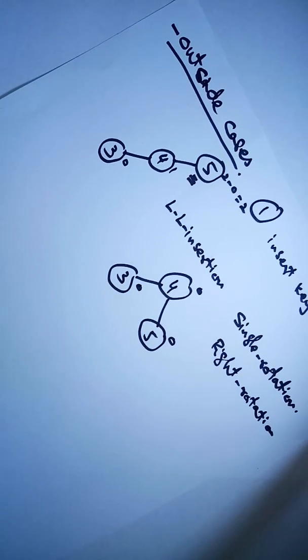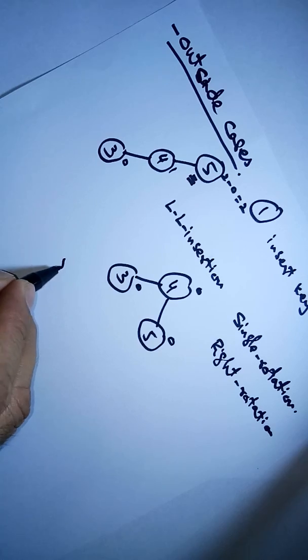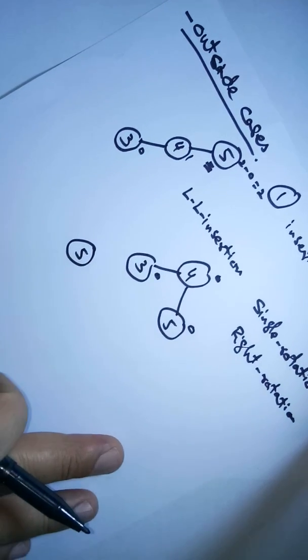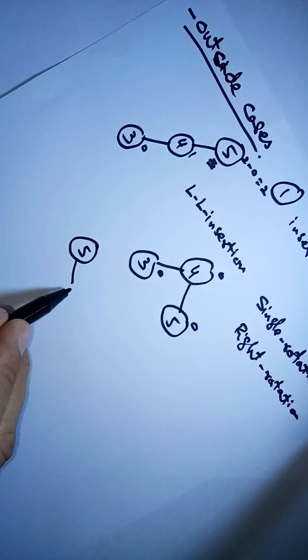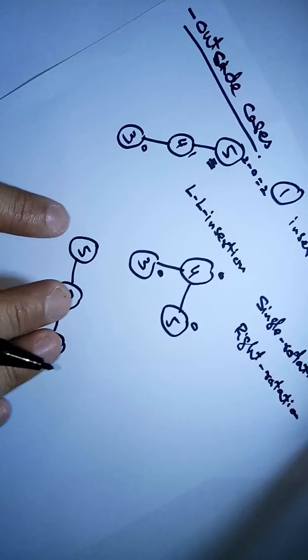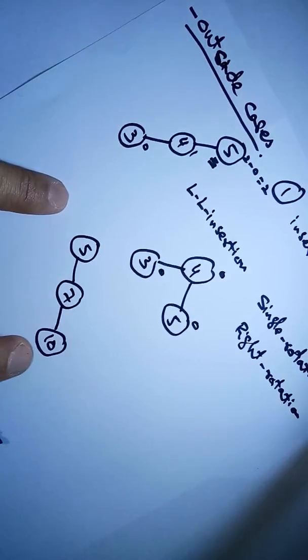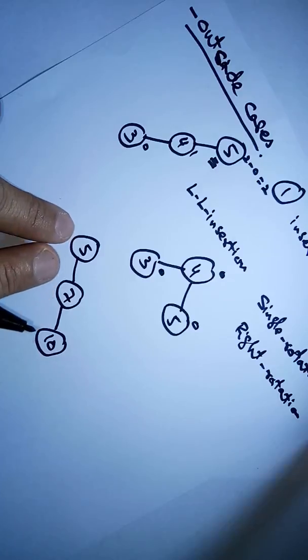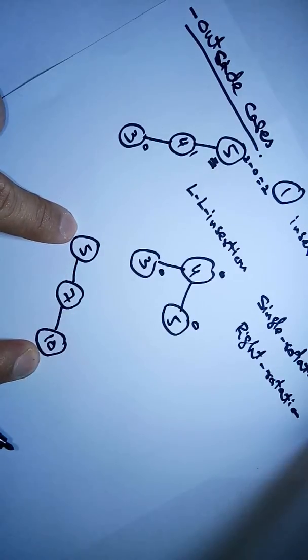Now let's see one more problem. For example, I have inserted 5 as a root node, then 7 on the right hand side, obviously, and then I inserted 10. That again goes to the right hand side. It was perfectly fine until here, and the problem started when I inserted in the right of the right subtree.